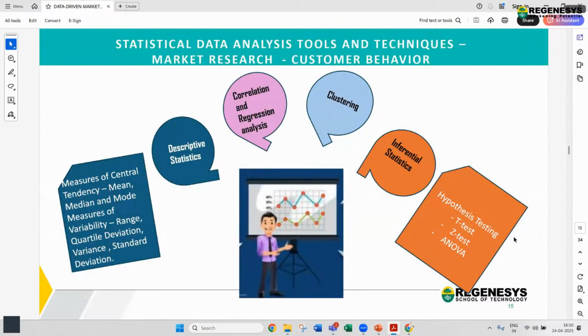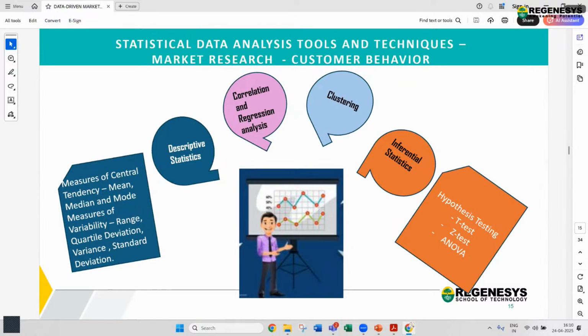So let us understand the statistical data analysis tools and techniques. First, let us understand the different types of techniques. We have descriptive statistics, inferential statistics, correlation, regression analysis, and clustering. These are the main statistical techniques used to analyze the data. Under descriptive statistics, we have measures of central tendency, which give you the average, and we can measure the variability.